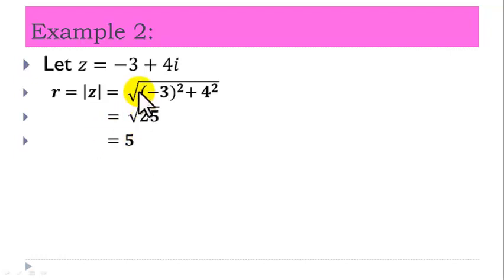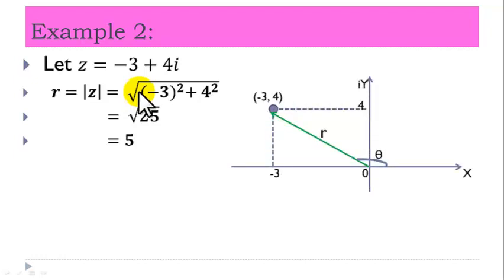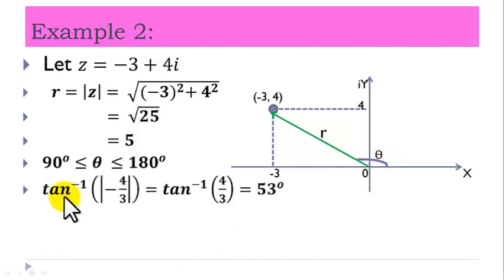Now, to calculate the argument of z, we obtain the Argand diagram as shown here. Observe that in this Argand diagram, this is our argument theta. This angle is greater than 90 degrees but less than 180. So therefore, we have to calculate arctan of the absolute value of minus 4 over 3. Here y is 4, x is minus 3, so that will give us minus 4 over 3.